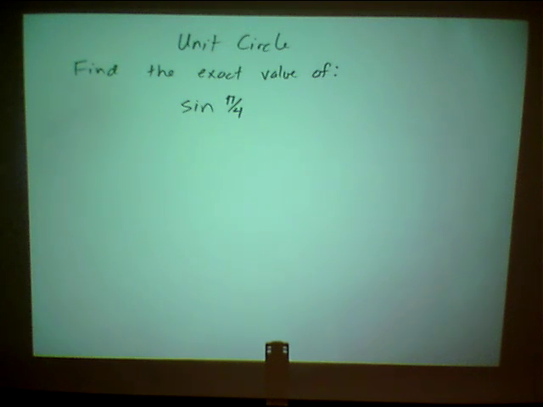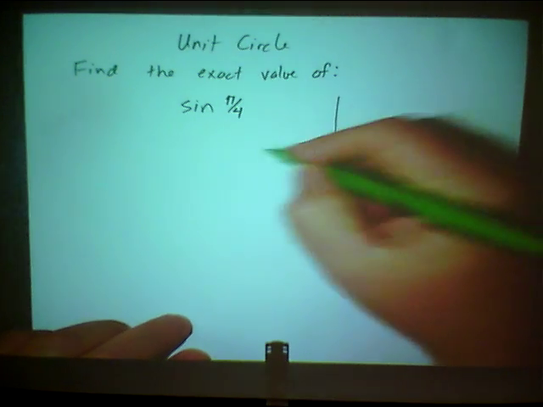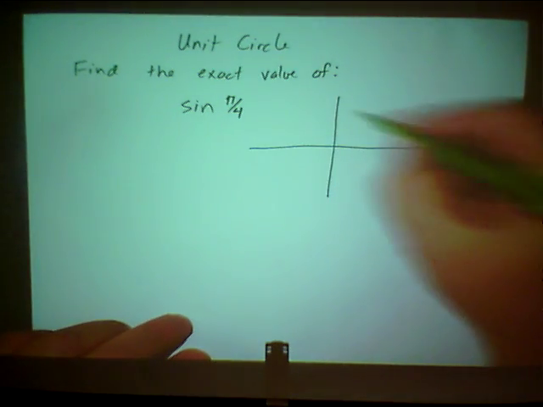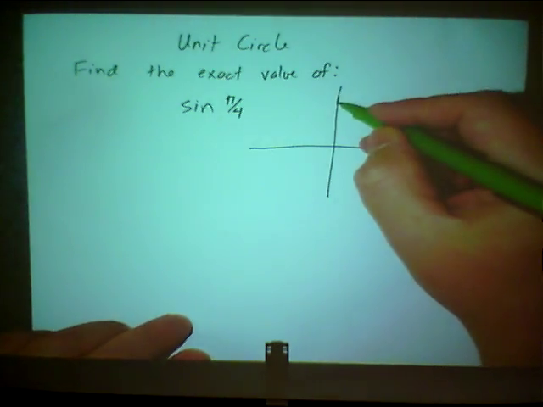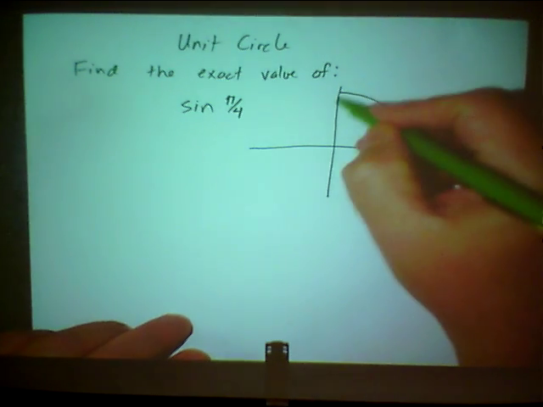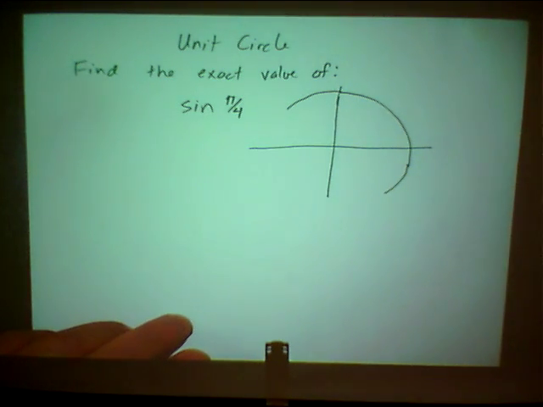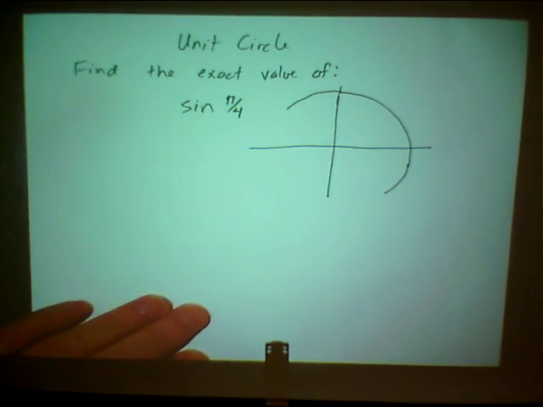The idea of the unit circle is, in the first quadrant of the unit circle, let me just try and draw it. There are really three key values.